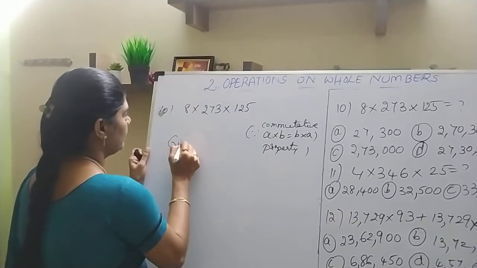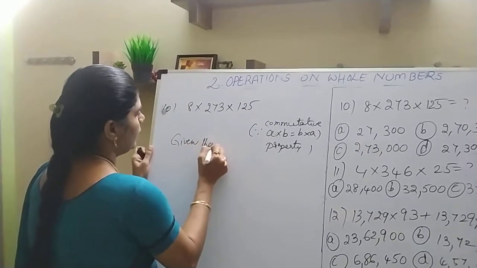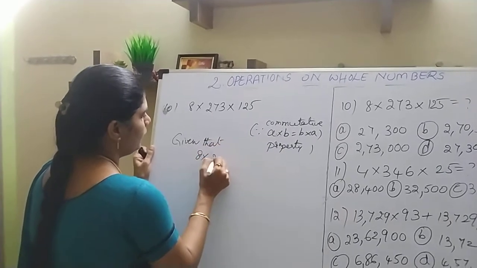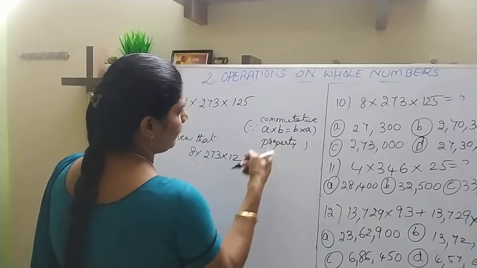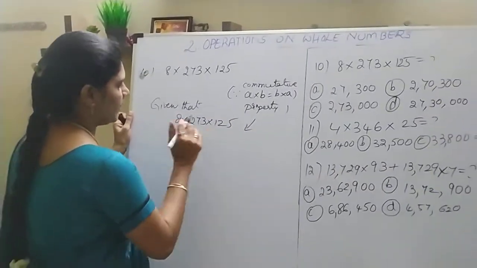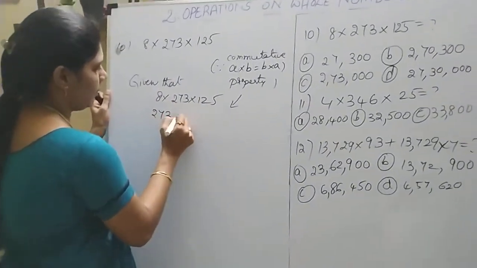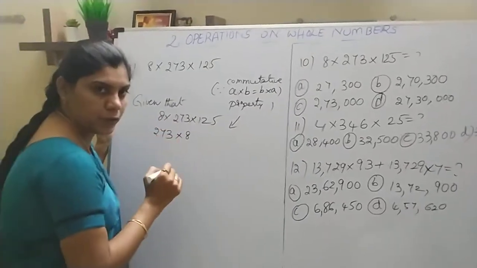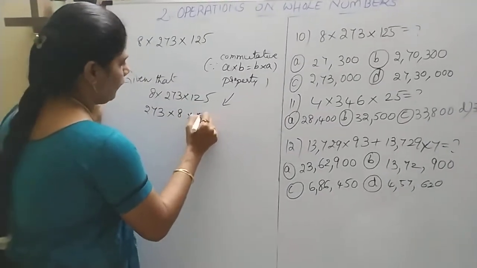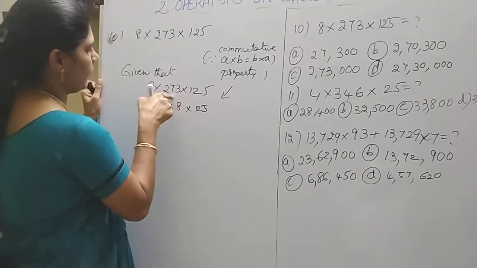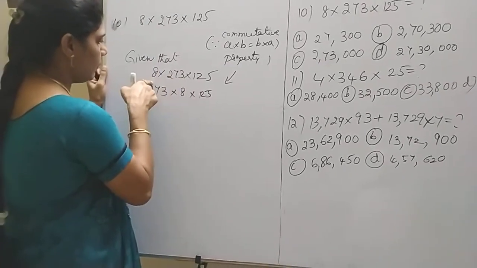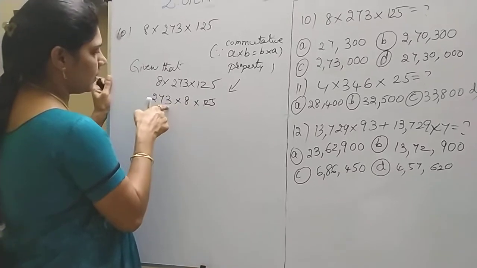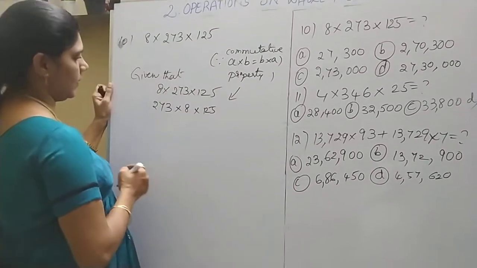So given that, 8 into 273 into 125. Now I am applying commutative property here. I am exchanging this one. 273, I am writing 8 here. Okay. 8 into 125. So if you assume this one A into B, I am writing B into A. That means 273 into 8. Exchanging this one.